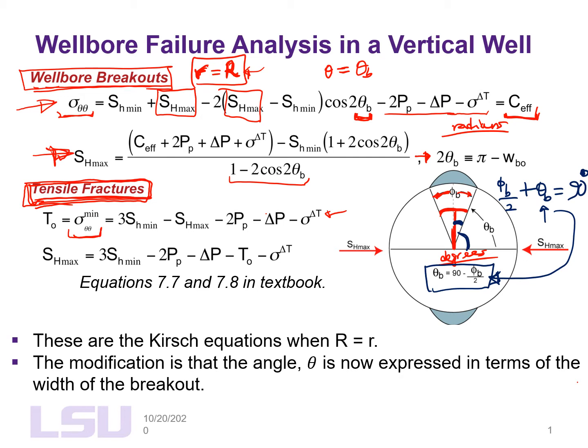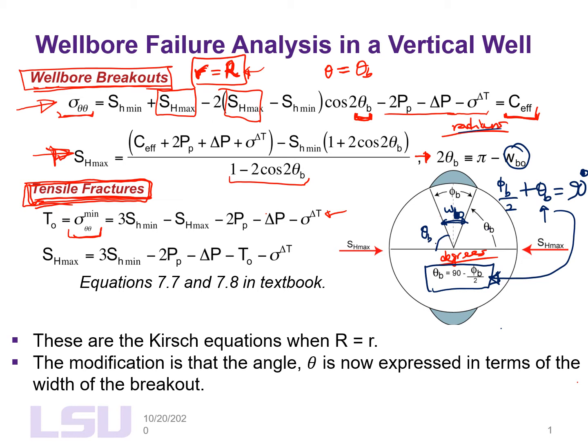We can express it in radians, like I said, also. And in that case, we call that angle width of the breakout, although it doesn't really matter, right? You just need to know whether you're using degrees or pi radians. So for now, I'm just going to call it width of the breakout, which is what this is. And so this width of the breakout plus 2 theta b, right?